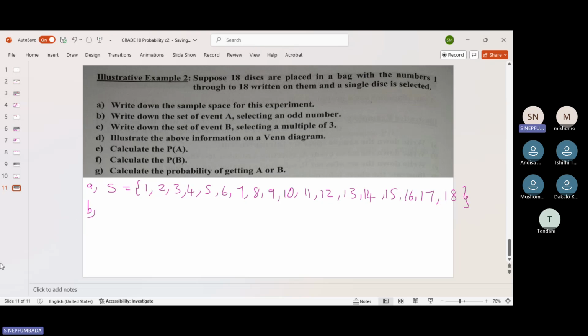They say write down the set of event A, selecting an odd number. Let's go, guys.